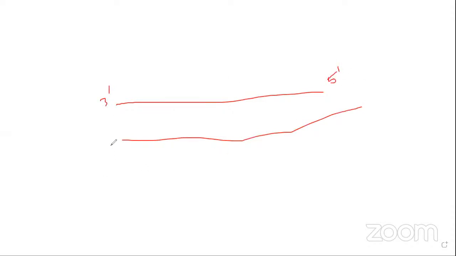Why am I telling you this? This one is called 5 dash and this one is called 3 dash. Okay, so in between I have to draw it like this, then only you can understand the structure.